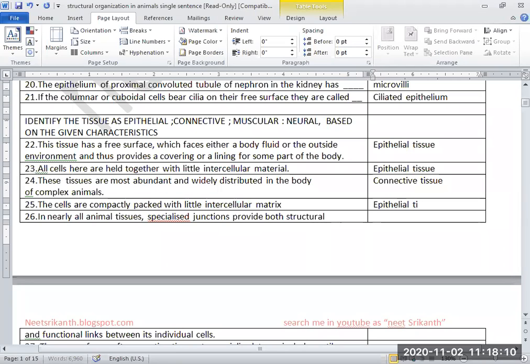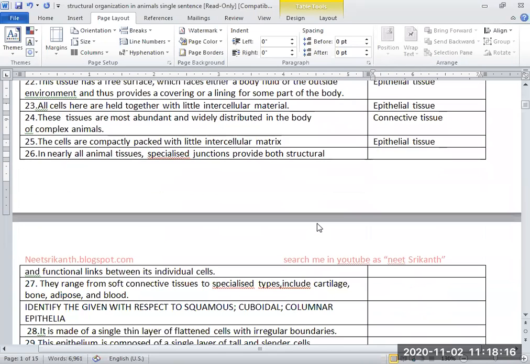In nearly all animal tissues, specialized junctions provide both structural and functional links between its individual cells.